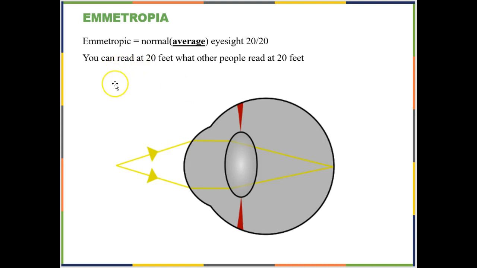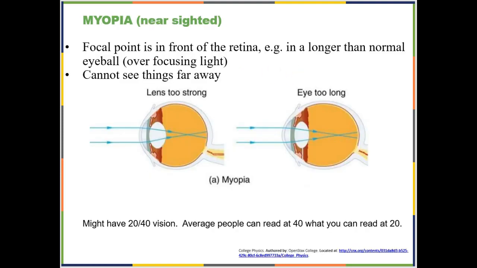Where am I? Emmetropic. This is normal vision. So if you have normal 20/20 vision, what the 20/20 means is that you can read from 20 feet what everybody else can read from 20 feet. If you are myopic, this means you are nearsighted, so you can see things that are in front of you, but you cannot see things far away.